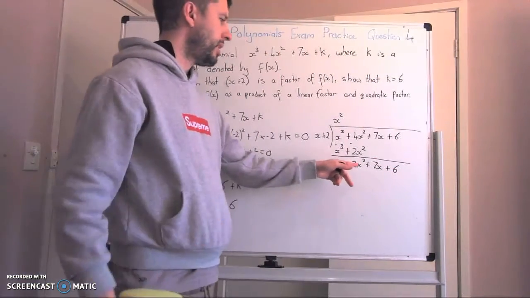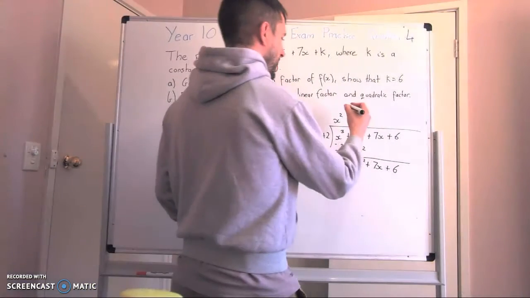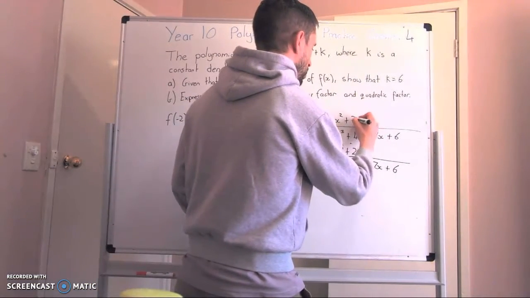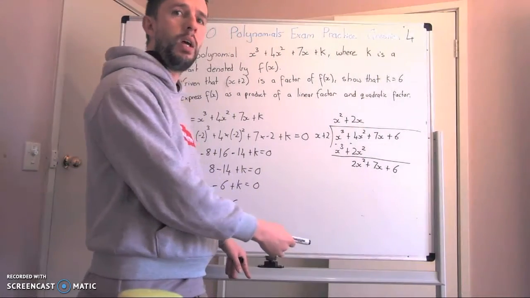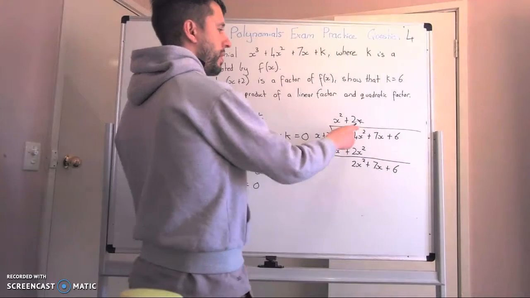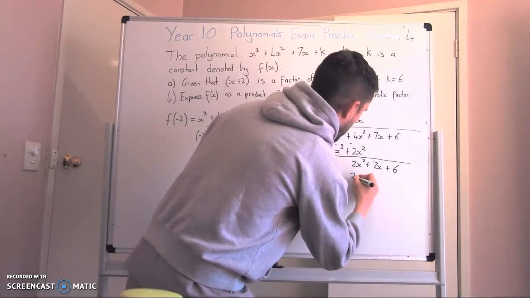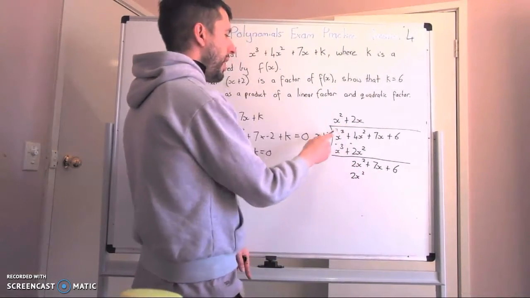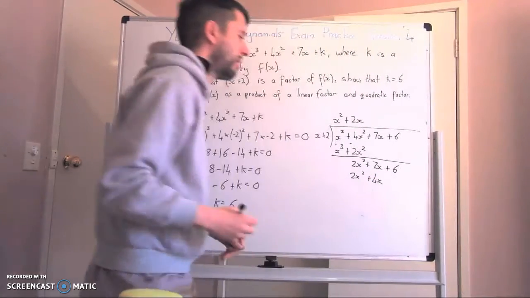Then I do the same thing. 2x squared divided by x gives me 2x. And then I go the opposite way around, because remember, multiplying and dividing are inverse. So 2x times x equals 2x squared. 2x times 2 equals positive 4x.